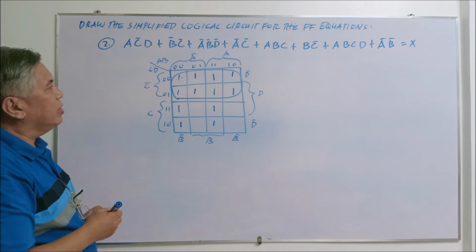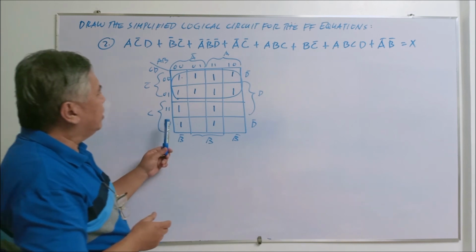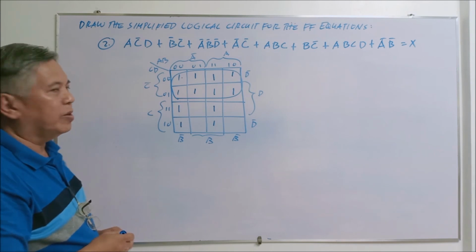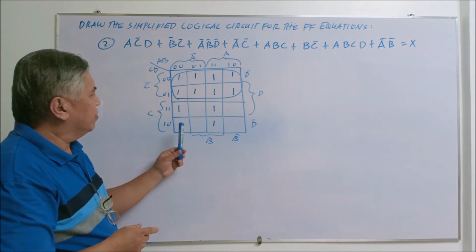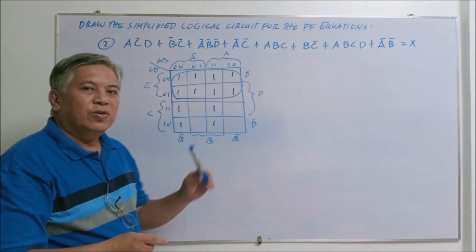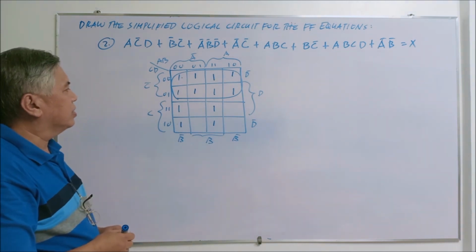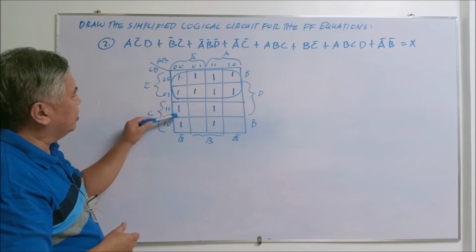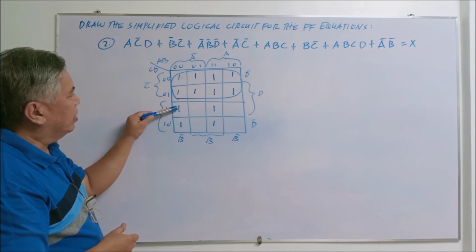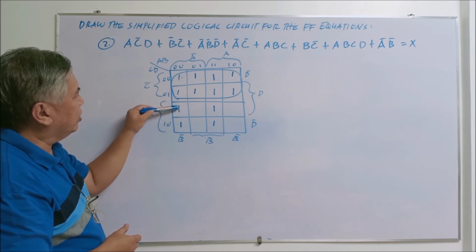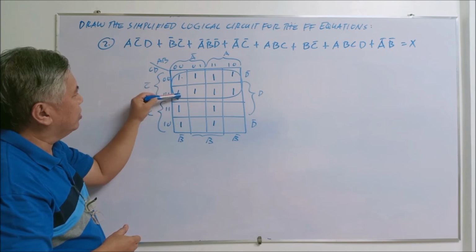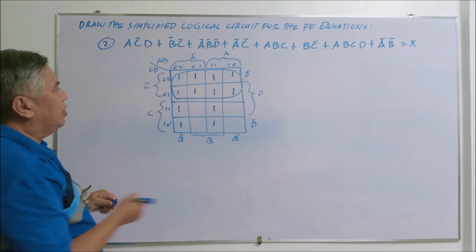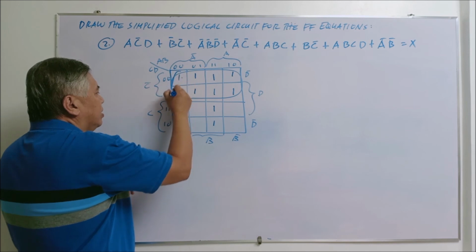Okay? Then, you find another 8 adjacent cells. I think there are none. So, we go to 4 adjacent cells. Where are the 4 adjacent cells? These 2 cells here are not yet grouped. And these 2 cells here are adjacent to these 2 cells here. So, we can group them as 1.